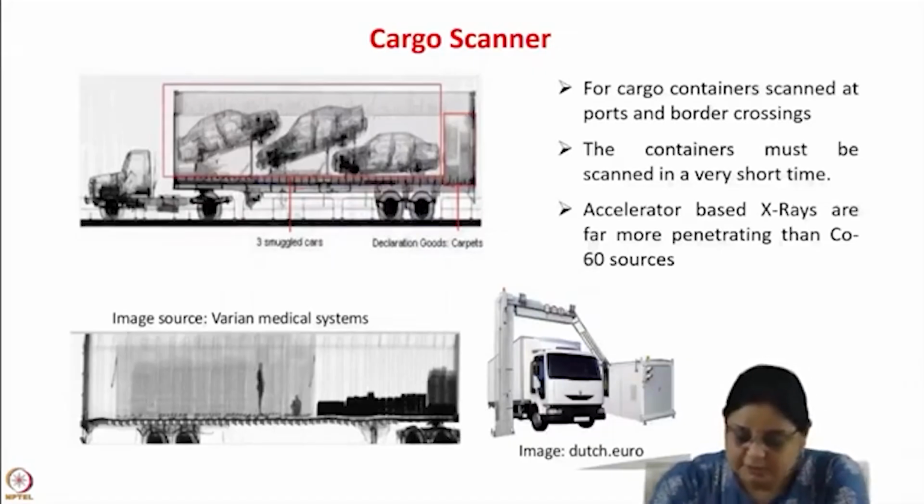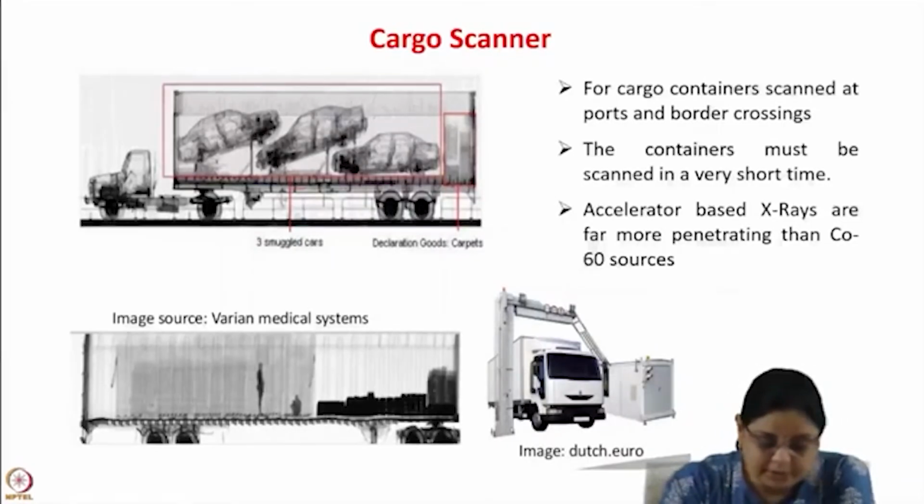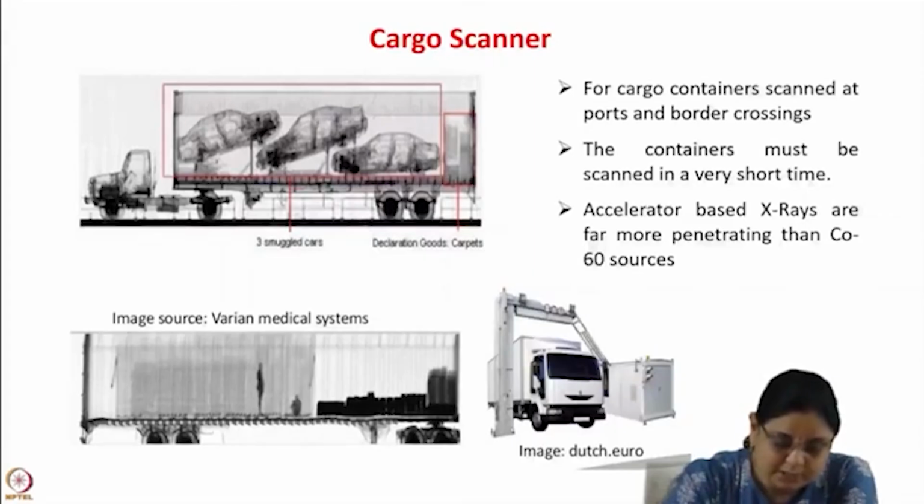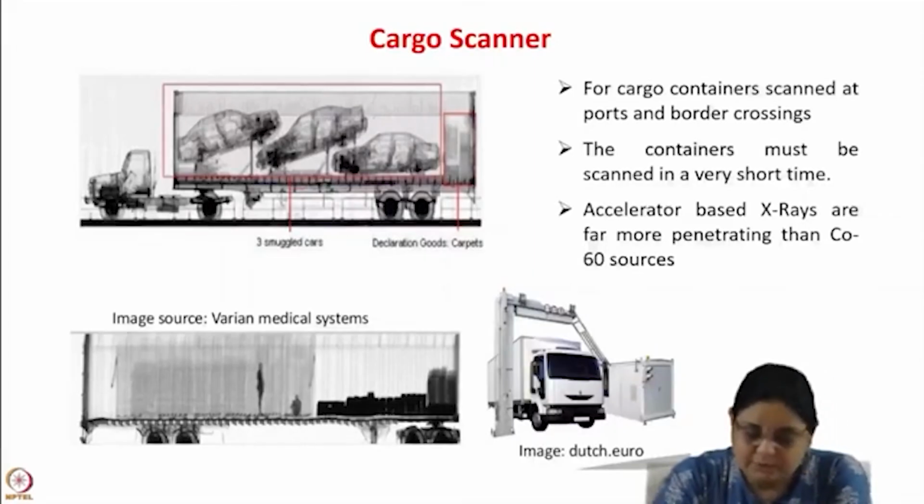We have electron accelerators that hit a target and X-rays are produced, and these X-rays can very quickly scan through the cargo container and reveal its objects. In this picture, for example, you can see that the declared object was something else, but inside it was actually used for smuggling humans. So it's a very useful way to scan these cargo containers in a very short amount of time.